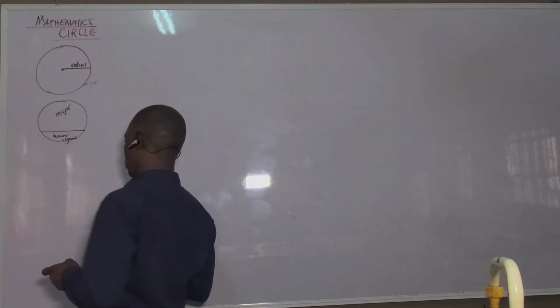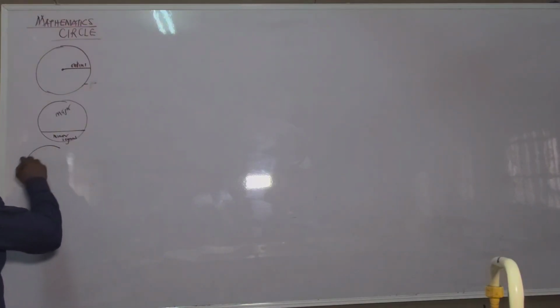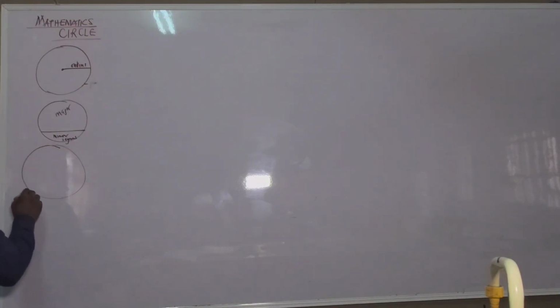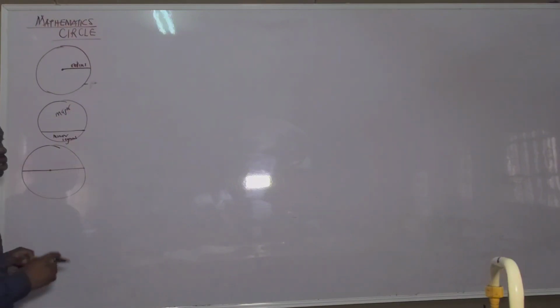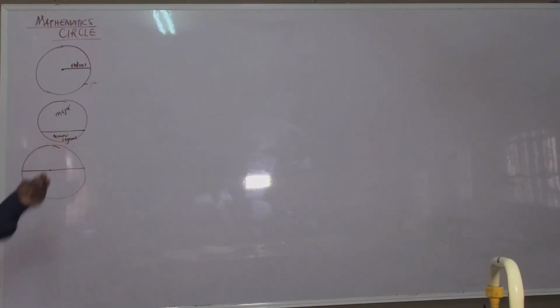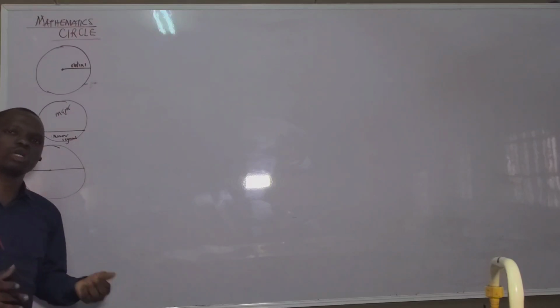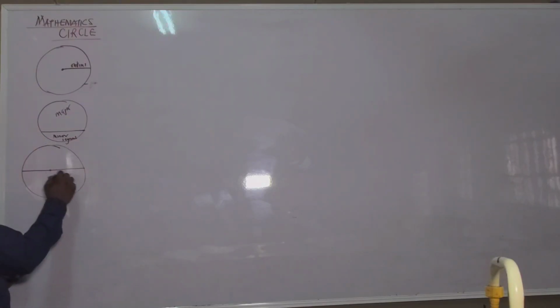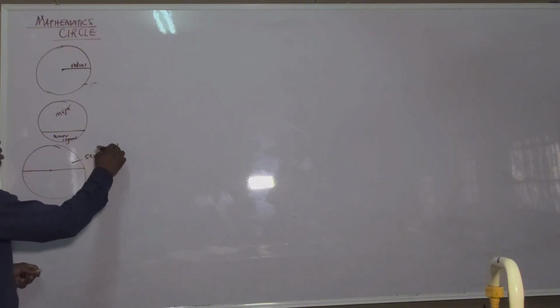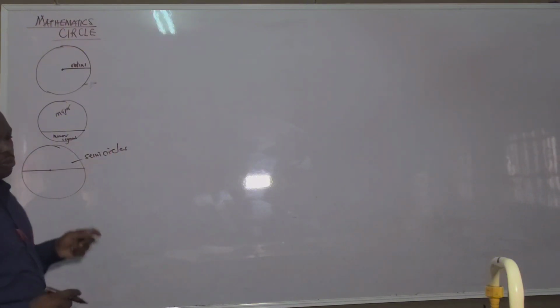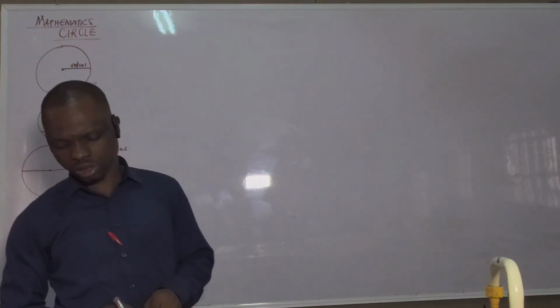Now we have what we call the diameter. The diameter is also a chord, and is also the largest chord that divides the circle into two equal halves. So it divides the circle into semicircles. So there is a property of a chord.